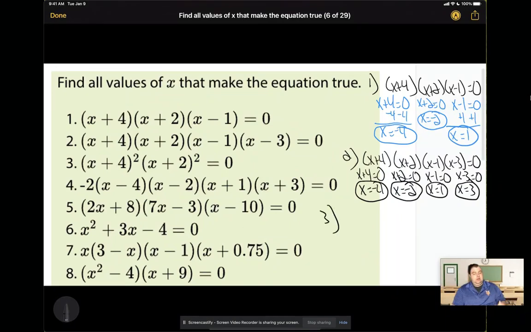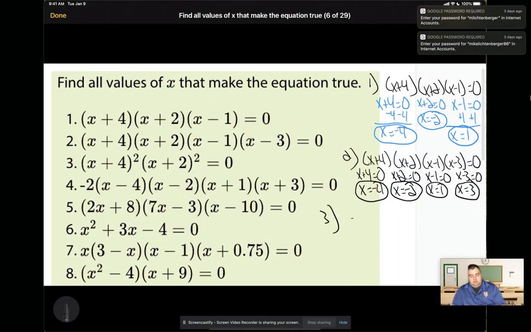Number 3 is kind of interesting because look what happens here. I have x plus 4 squared times x plus 2 squared equals 0. Now this looks interesting because of the squared here. Is this squared going to affect things in terms of the x-intercepts at all? Well, think about what squaring means in general.